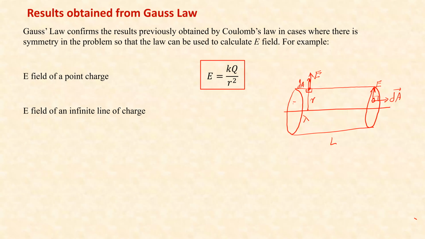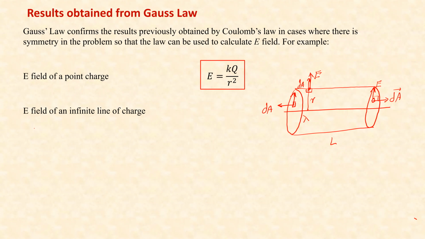On this side also, dA is this way and E is this way, so E dot dA becomes 0. So E dot dA only has value on the cylindrical part, not on the caps.